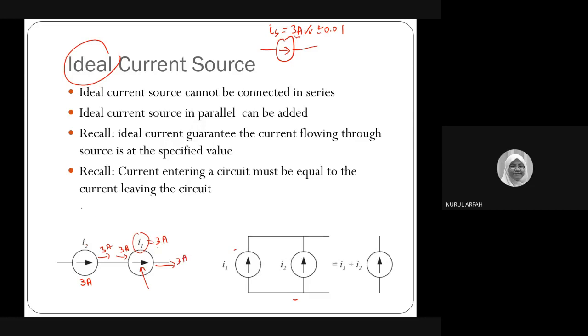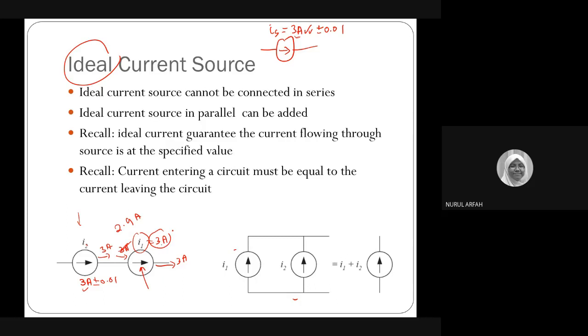But what happens in real life? What if you put this as 3 amps, but suddenly you have a plus or minus of 0.01? Then this one will not be 3 amps. You try to give 3 amps, but now this one is less, maybe 2.9 amps.